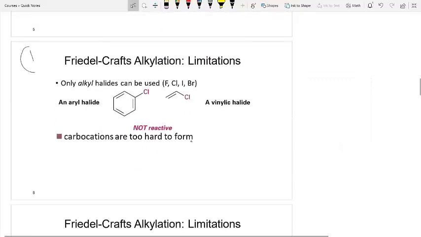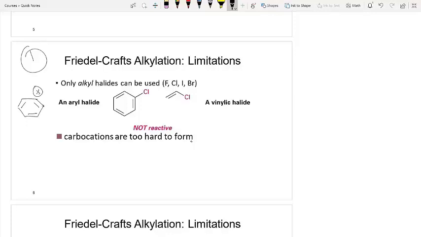So for Friedel-Crafts alkylation, it's very important to note that since we're doing alkylation, there's a reason it's called alkylation. It's because only alkylation is going to work. We are not going to be able to form aryl carbocations easily, nor are we going to be able to form vinyl carbocations easily. Because of that, these are not very reactive possibilities, because they're not easy to form.